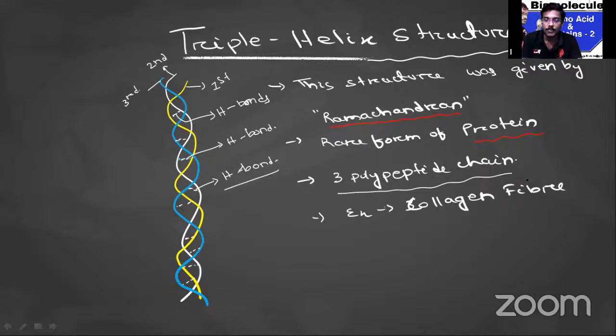One example where this triple helix structure is found is the collagen fiber. 1/3 of the protein of the human body is collagen fiber.